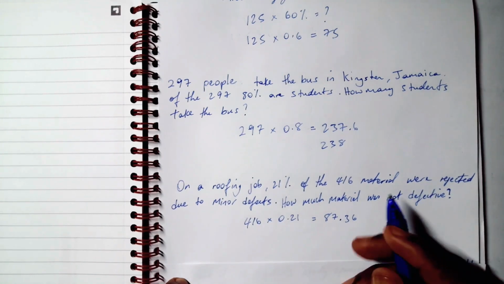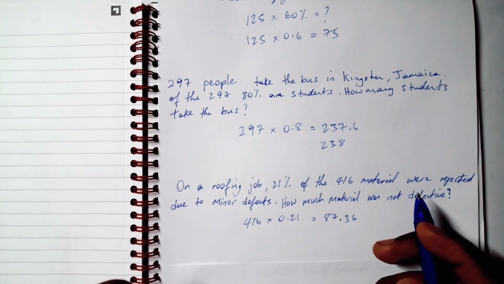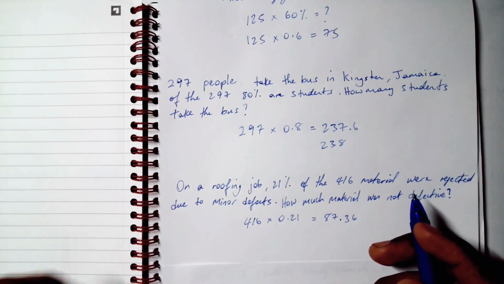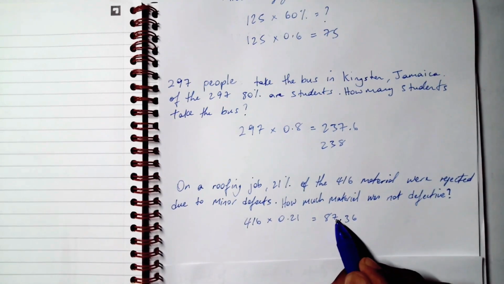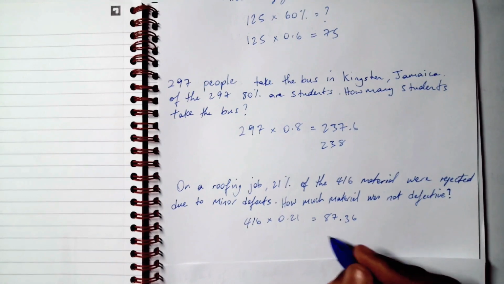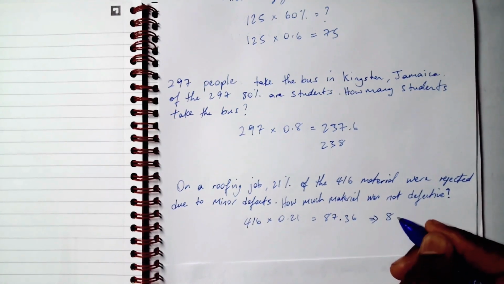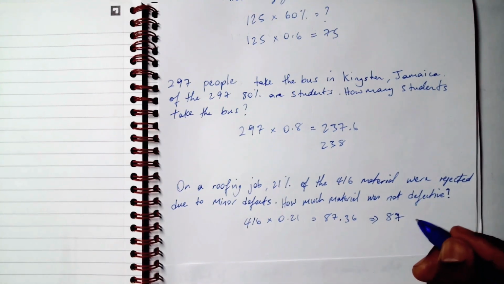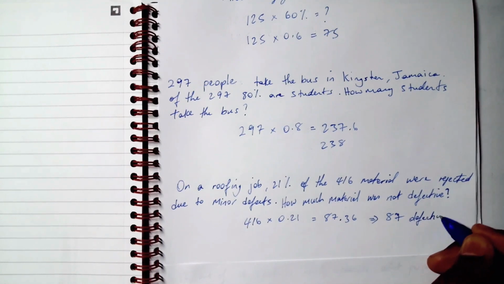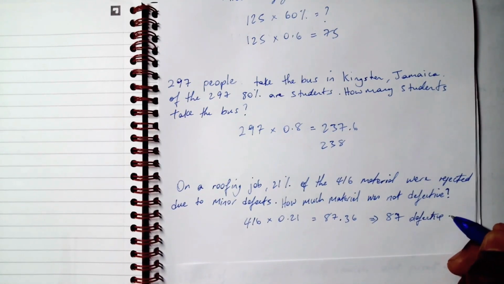But because we're dealing with material now, and material are usually whole numbers, like 5 screws, 6 hammers, 7 doorknobs, we have to ensure that we round this to the nearest whole number, which is simply 87. Because when we round the 3, because 3 is less than 5, we add 0 to the 7 and not 1. Alright, so this is the amount of defective material.